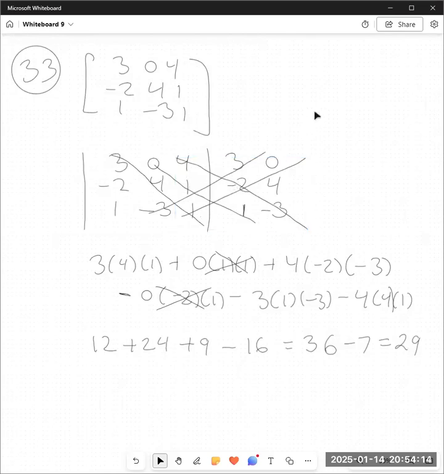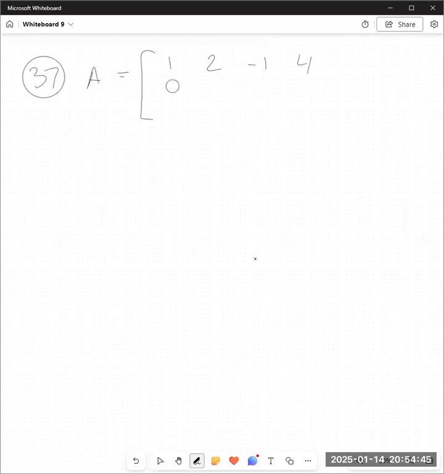All right, the next problem is a calculator problem, so I'm not going to show you any work other than to say in 37, we're going to go into your matrix menu, create matrix A, which is going to be 1, 2, -1, 4, 0, 1, 2, -2, 0, 3, 2, -1, and 1, 2, 0, -2.